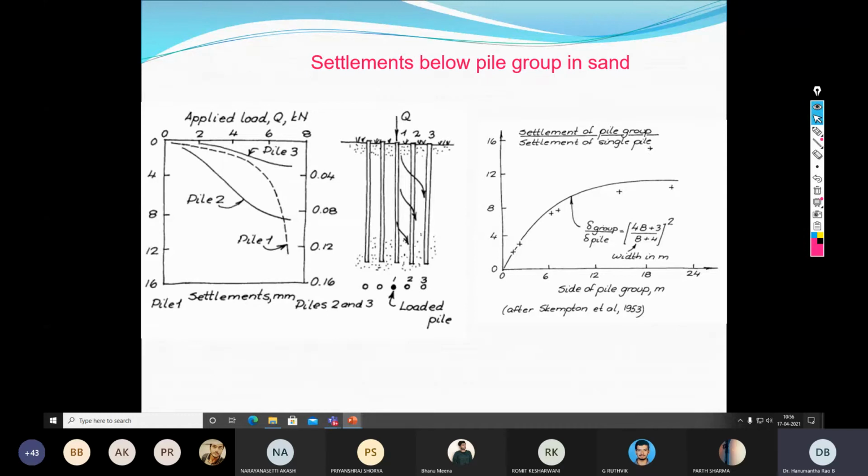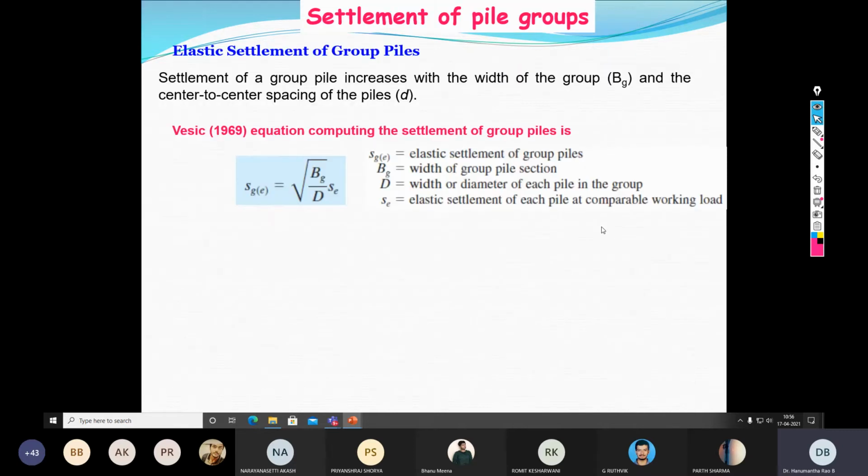Again, we should think of two varieties of soils. If the pile group is installed in sand, how do you determine the pile settlement? If the pile is installed in clay, then how do you determine it? So these are the equations for settlement of pile group. This is the equation proposed by Vesic in the year 1969.